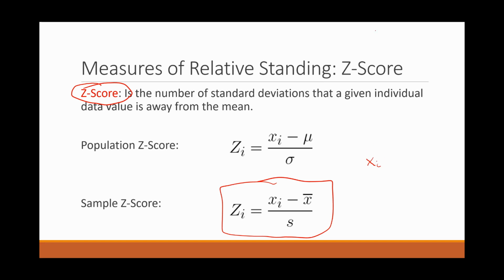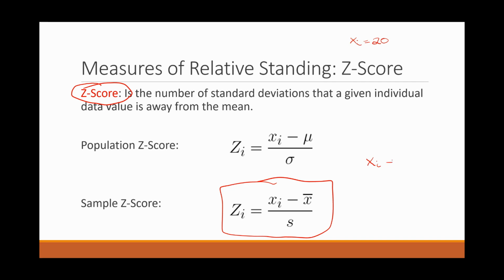When I was talking earlier about wages, my example was I wanted to know how many standard deviations 20 was above the mean. So we could say xi is 20. That's the specific value for which I want to know the z-score.